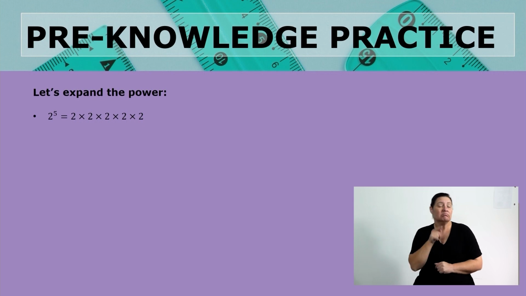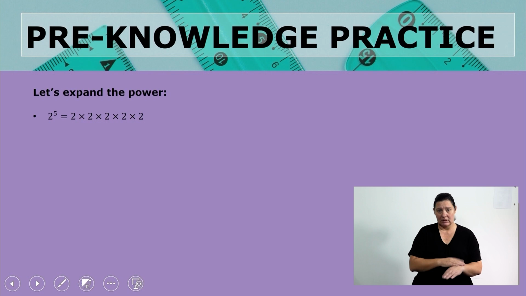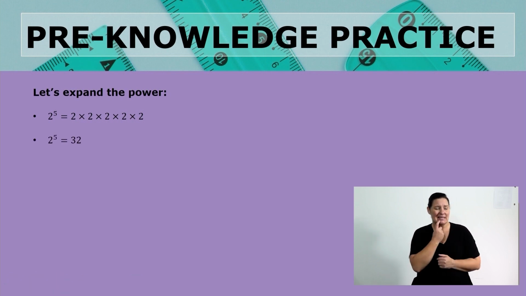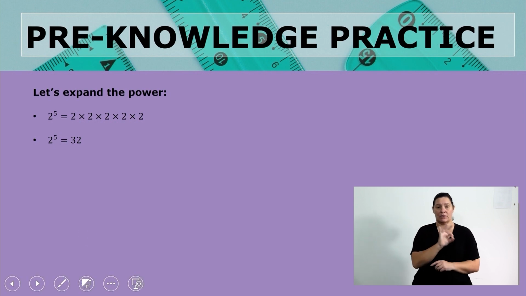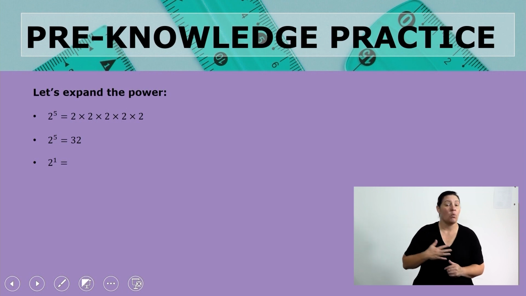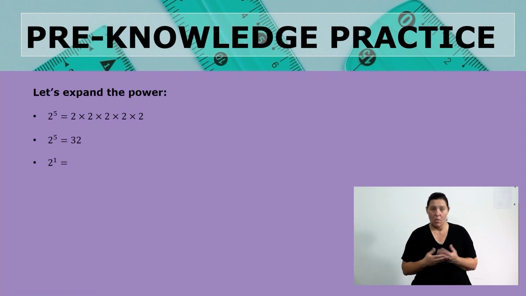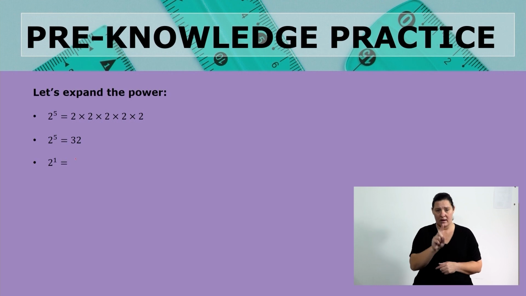Let's expand this power. We have 2 to the exponent 5, and this means 2 times 2 times 2 times 2 times 2. So 2 is multiplied 4 times by itself. That makes it easier for us to calculate 2 to the exponent 5, which gives us an answer of 32. If we want to expand more powers, we have 2 to the exponent 1, and that just gives us 2.